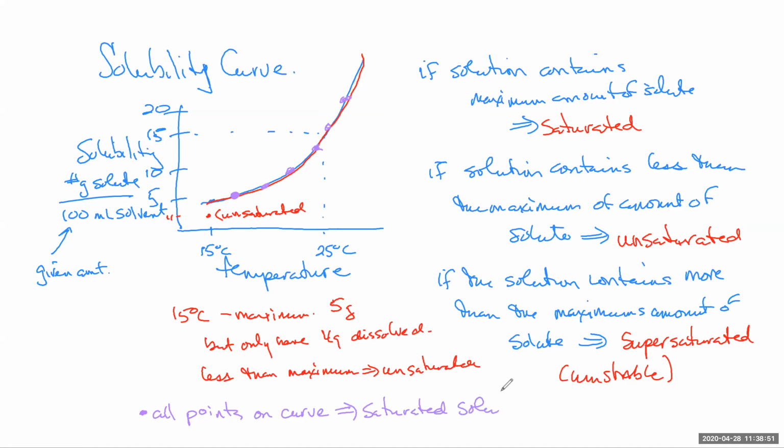So where would you find supersaturated? You would find supersaturated if you were above the curve. Again, these are not very common, and they're certainly not stable. So you have saturated on the curve, unsaturated below the curve, and supersaturated above the curve.